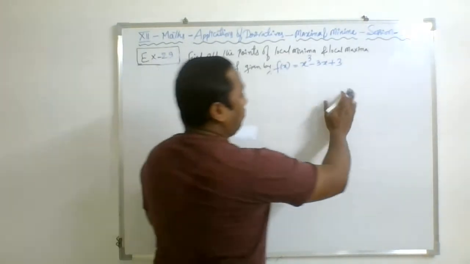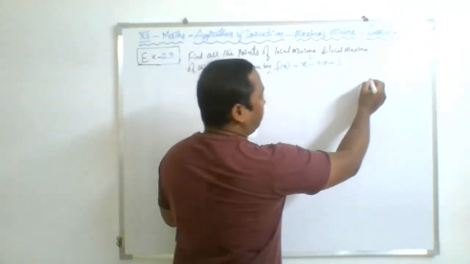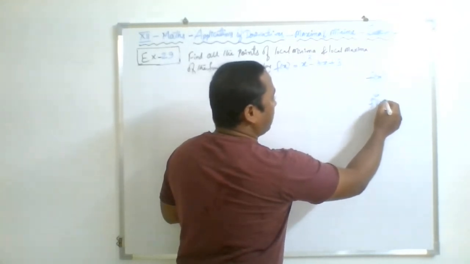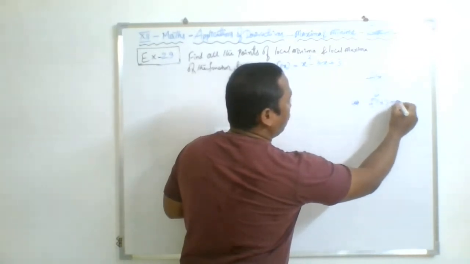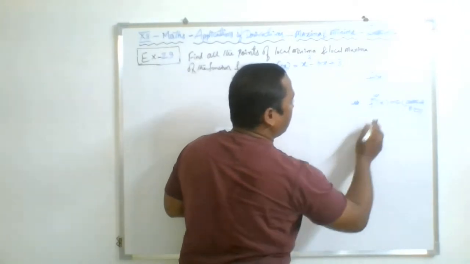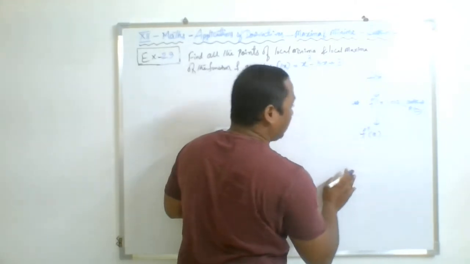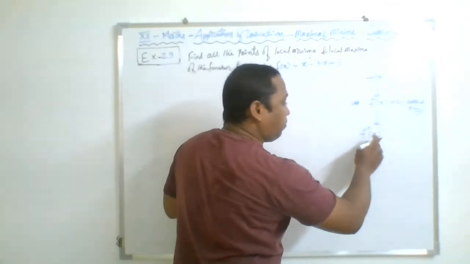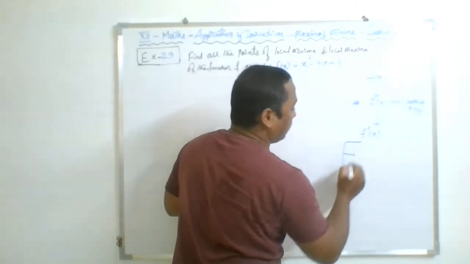What is the flow when you are following the second order derivative test? First we'll take the function, we'll go for the first derivative, let the first derivative be equal to 0, and we'll find some critical points. Then we'll go for the double derivative. In this double derivative, we'll put these critical points. Then we'll go for the testing process.